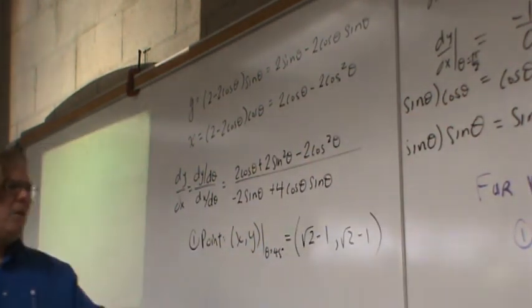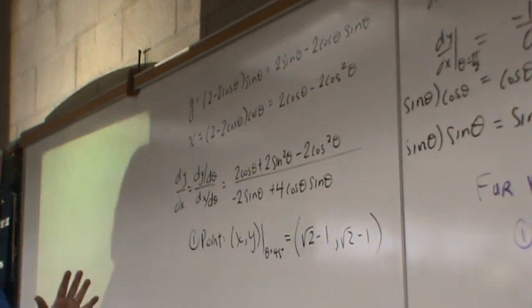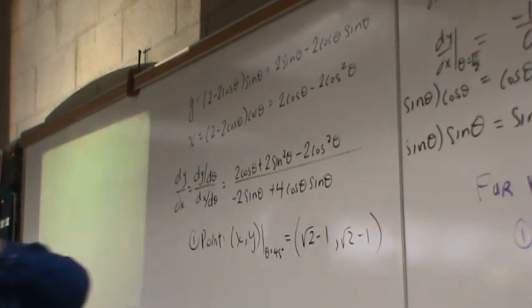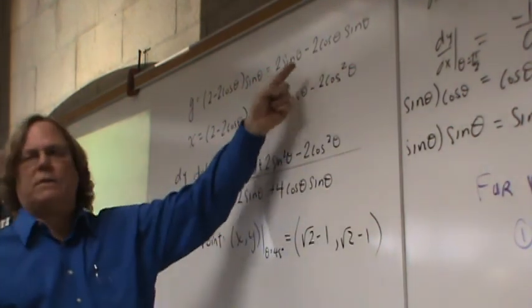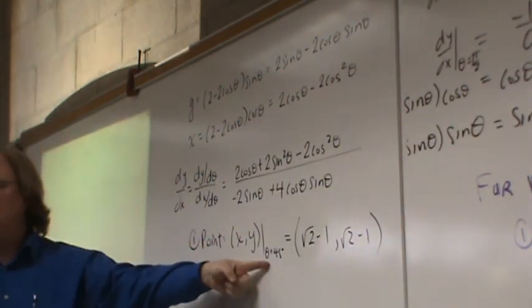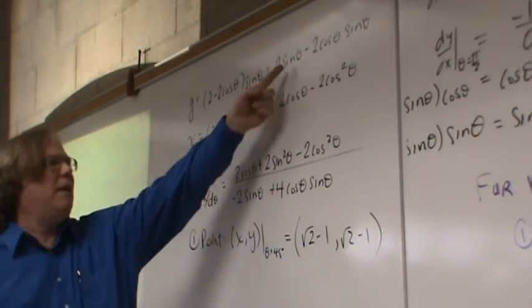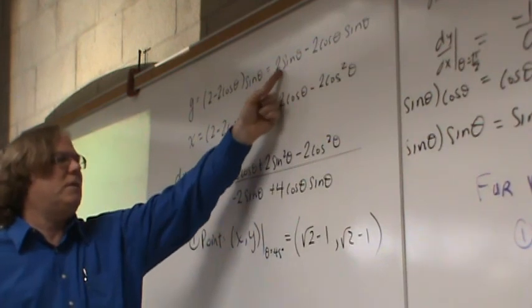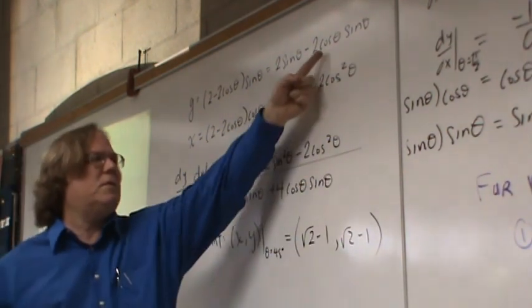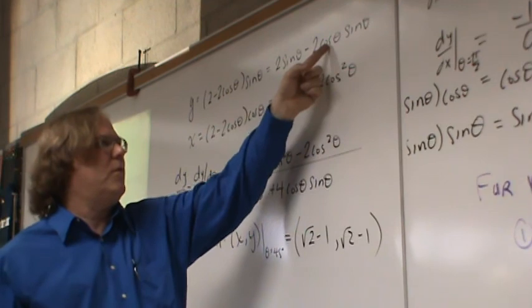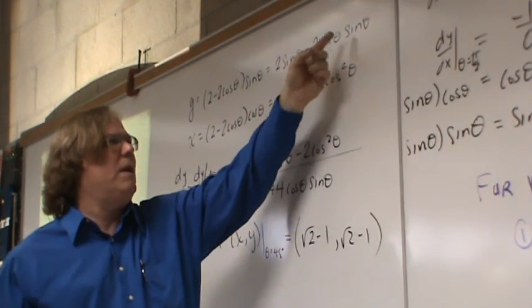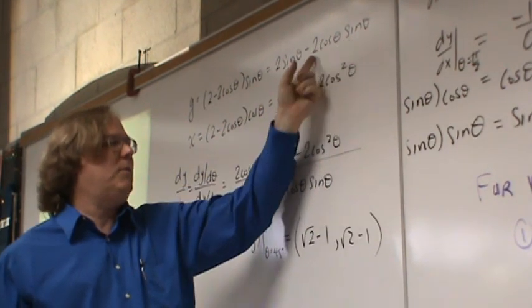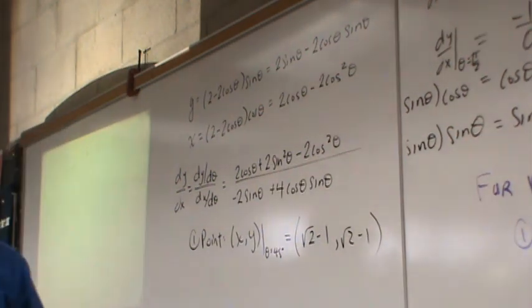You guys okay with that as my x comma y? I plugged 45 degrees into the very original equations for x and y. Sine 45 is radical 2 over 2, and 2 times it is radical 2. Cosine 45 degrees is radical 2 over 2, sine 45 radical 2 over 2. Multiply them, you get 1/2, times 2 makes 1.